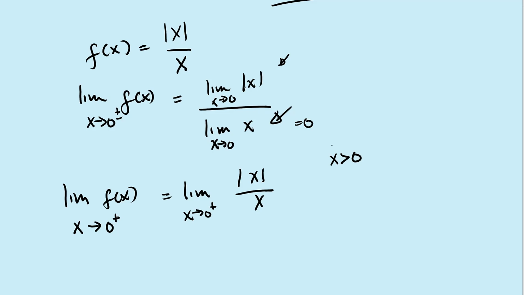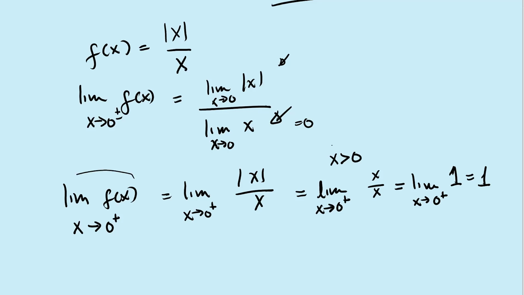So they're positive, so the absolute value of x is just x. So we're looking at the limit, x goes to 0 from above, of x divided by x. Let's simplify that. That's just the limit as x goes to 0 from above of the number 1, right? x divided by x is just 1, and so our limit is just 1. So this is the limit from above.